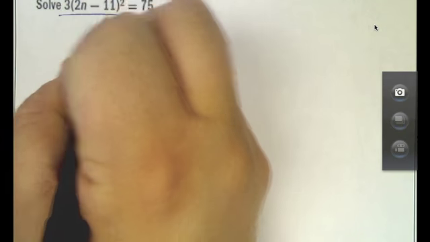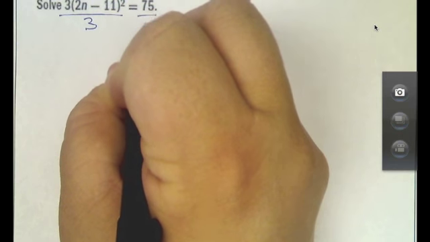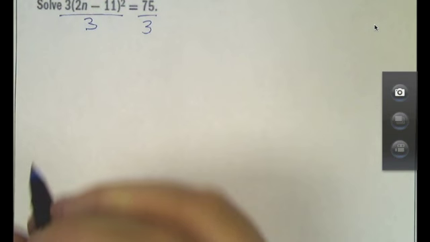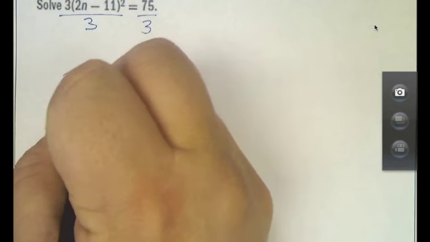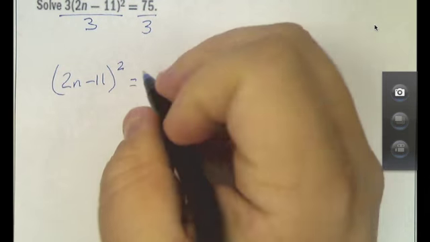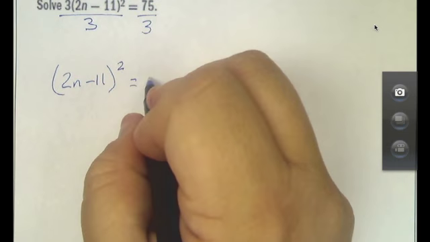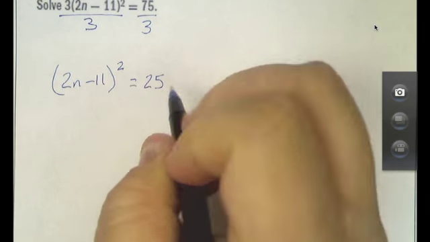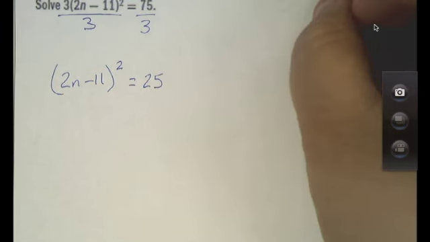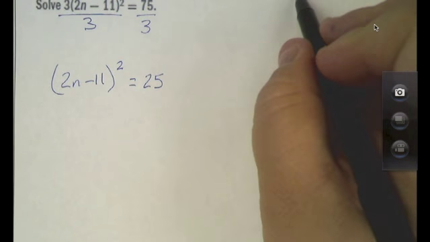Your 2n minus 11 squared. So I got to get rid of the 3. So the inverse of multiplying is dividing. Whatever I do to one side, I have to do to the other. So I get 2n minus 11 quantity squared equals 75 divided by 3 is 25.